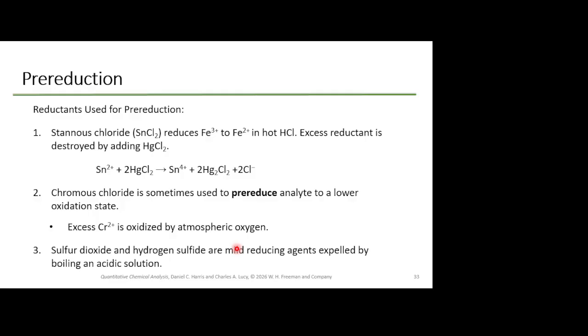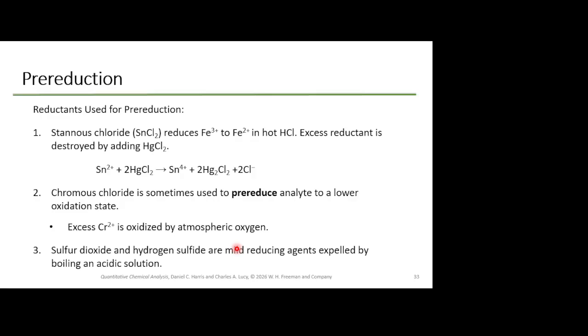Let's talk about some pre-reductions. Now, I'm going to be honest, all mercury things are basically verboten now and very difficult to get outside of industry or government. Government can still get them, but they're very difficult for most people to buy.